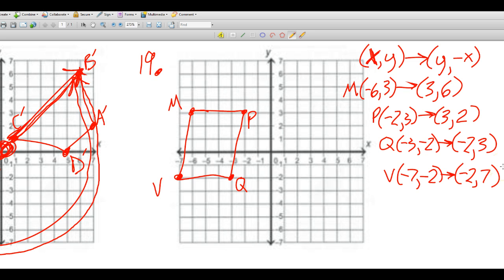And now I plot my image. So M prime is at (3, 6), P prime is (3, 2), Q prime is (-2, 3), and V prime is (-2, 7).